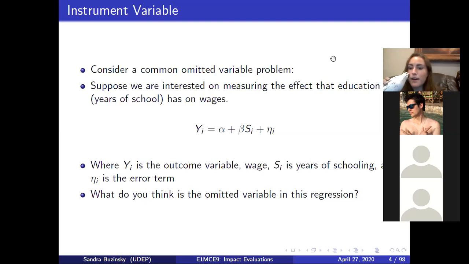Overstated, yes, because basically ability has a positive effect on wage. So when ability is not included in our regression, we have that positive effect contained in our beta. So our beta estimate is bigger than it should be, so it's overstated. Does that make sense? Or is that confusing?